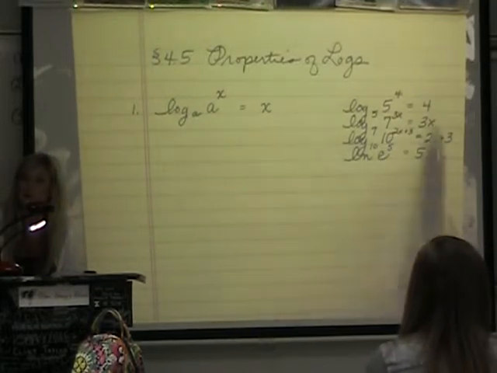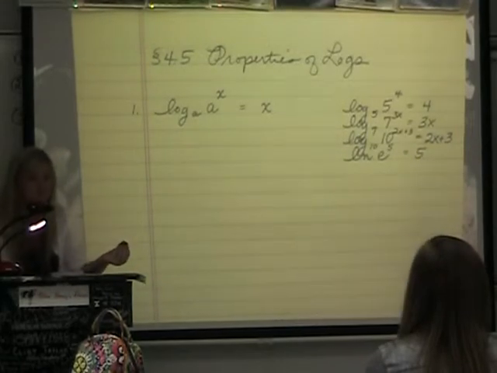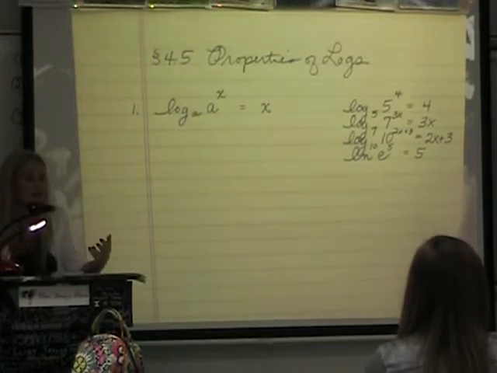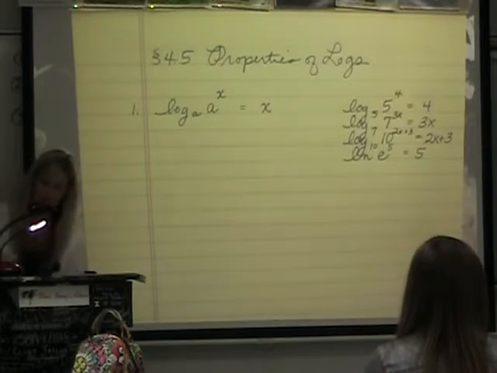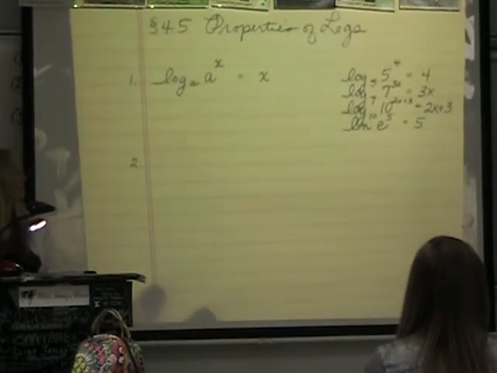So that's your first property of logarithms. If you have the same base on the logarithm as you do on the exponential, they're going to cancel each other out and leave you with the exponent. The second property is very closely related.